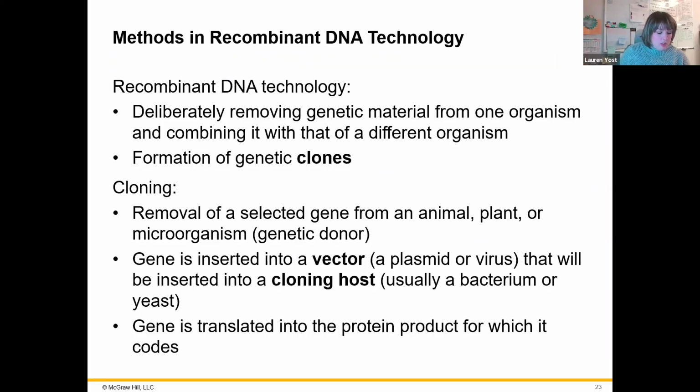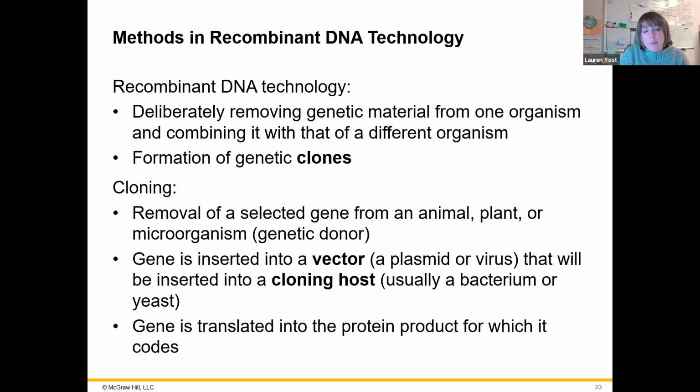Alrighty, so this whole concept of how we're going to be using copies of DNA, restriction enzymes, sticking DNA to each other and making new DNA as a result of it, this is recombinant DNA technology. So anytime that we are doing this, we usually will have, we call this whole process cloning, where we'll remove a gene from an animal or an organism and then put it into a vector.